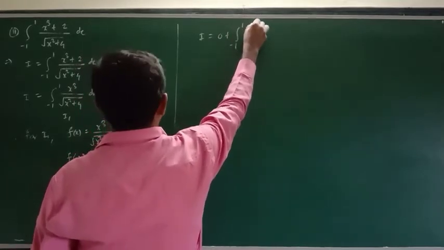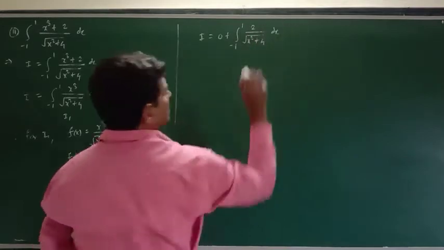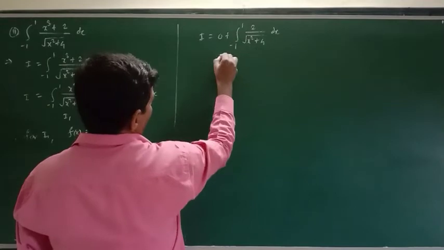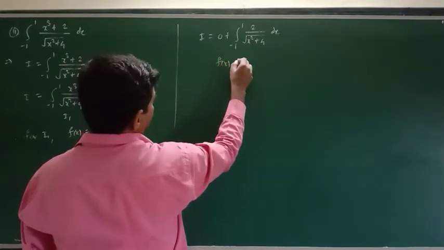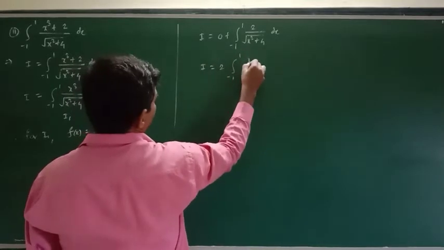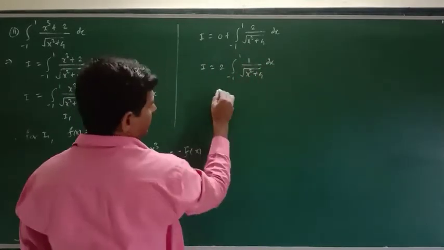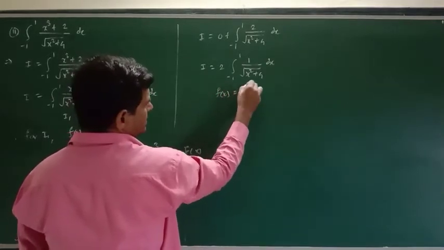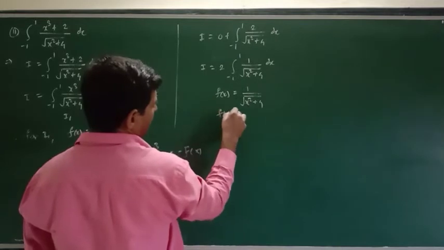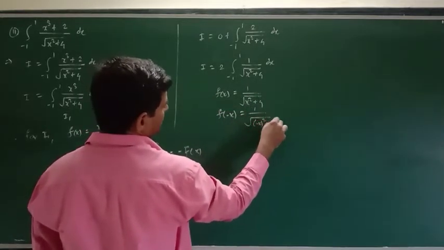Okay. Now for I2, I is equal to this integral value 0 plus the value of I2, minus 1 to 1 2 upon root x square plus 4 dx. 2 is a constant, so I2 is equal to a constant times the integral from minus 1 to 1 of 1 upon root x square plus 4 dx. So here f(x) is equal to 1 upon root x square plus 4 and f of minus x is equal to 1 upon root of minus x square plus 4.